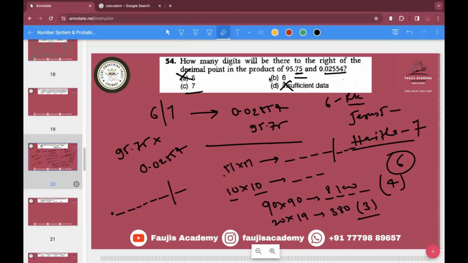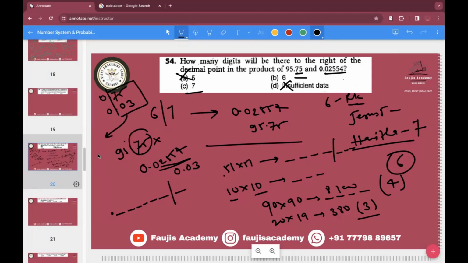With this logic, look carefully. We know that it's 6 or 7. If we multiply 75 with, let's say we assume this number as 0.03, I mean after the decimal, how much is it giving?